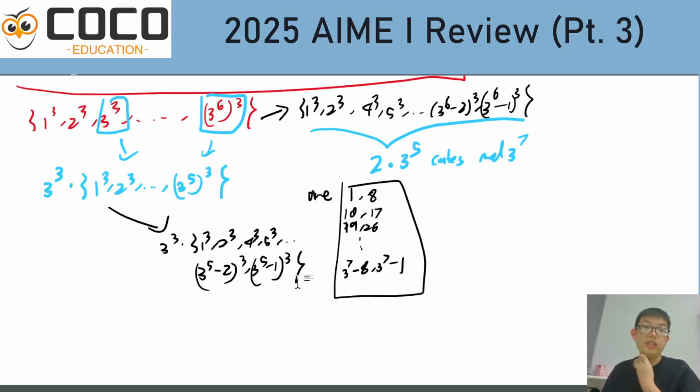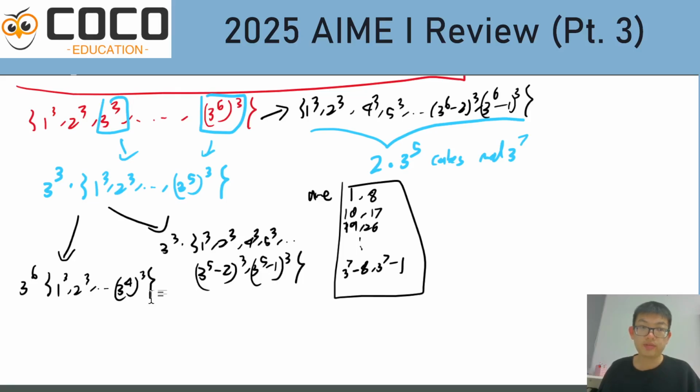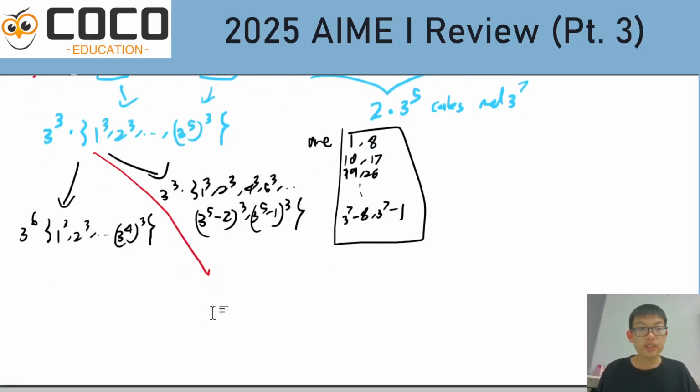And then, of course, on the other side, you have those that are multiples of 3. And if you factor it one more time, it will shrink down like this. Okay, so I have divided it into these 3 portions.